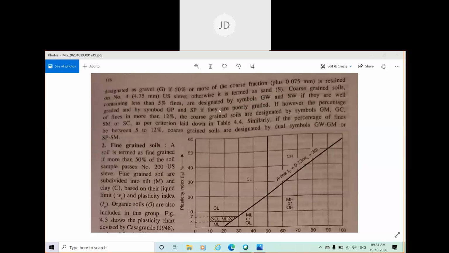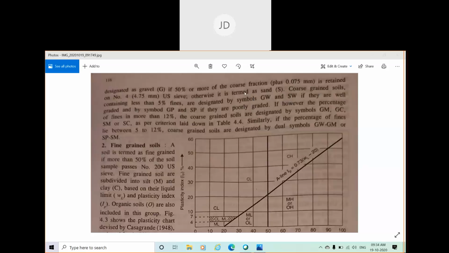And if that gravel soil contains less than 5% fines, fines meaning fine grained soil, it may be clay, it may be silt, then it is denoted by a W. W represents what? Well graded. That means the soil is a well graded gravel. If the coarse grained soil is sandy soil, and it contains less than 5% fine grained soil, then it is represented by capital SW. That means well graded sand.